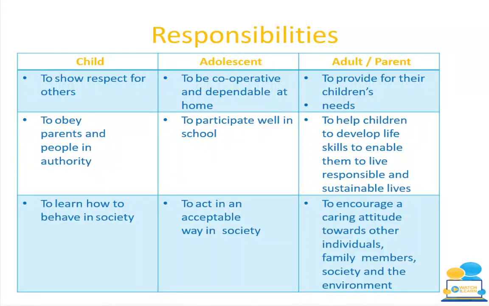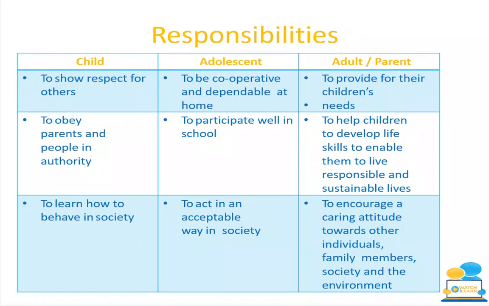The responsibilities of adults and parents do differ, but in this case we're putting them together. A parent, for example, has a responsibility to care for their child's needs, whether that's physical, emotional, or educational needs. They have a responsibility to help their child develop life skills, okay?